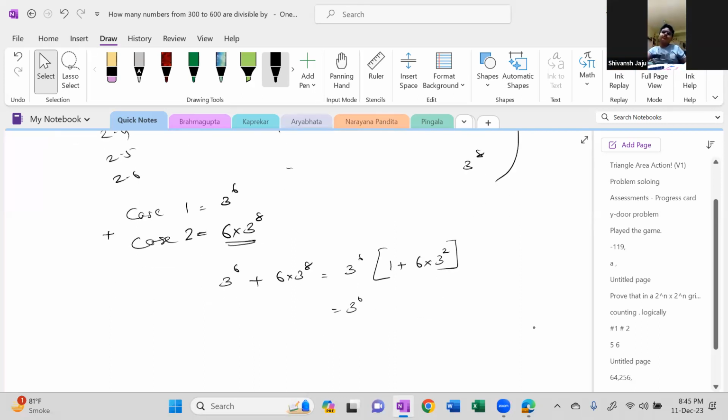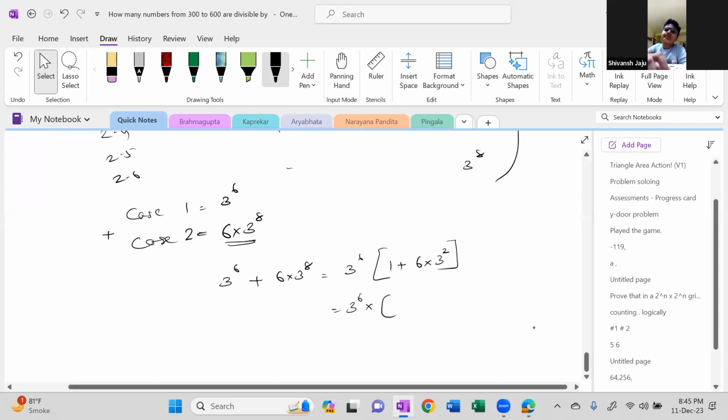Sir, we can also simplify to 3 power 6 times 1 plus 2 into 3 power 3. Yeah, I mean 3 power 6 times 55, whatever that comes to.